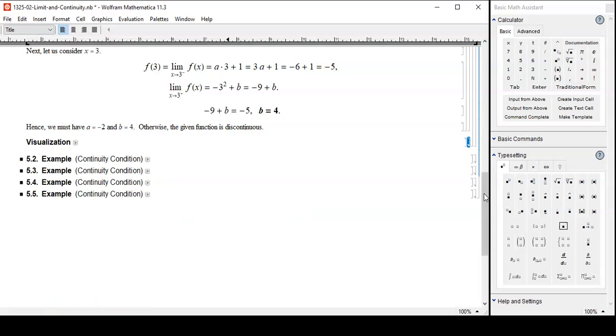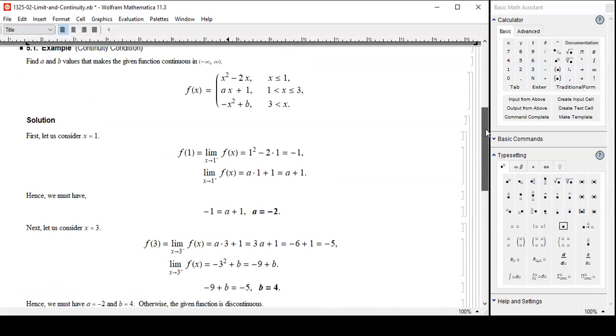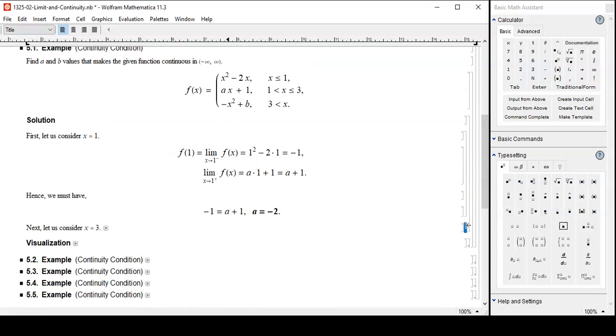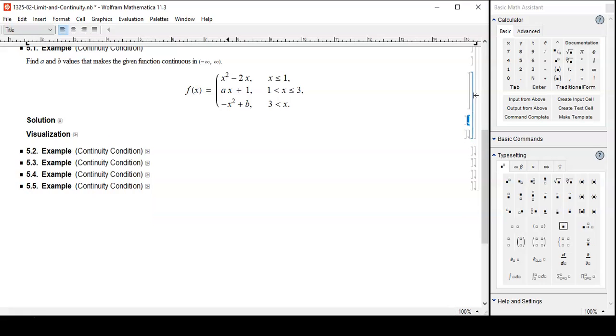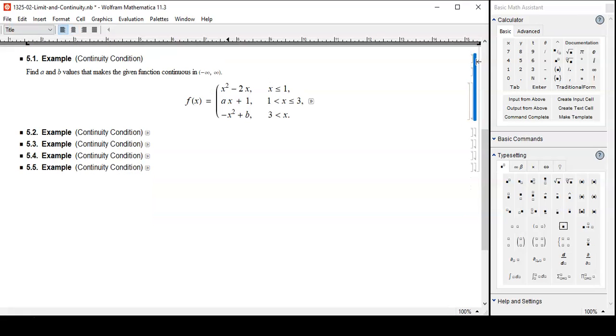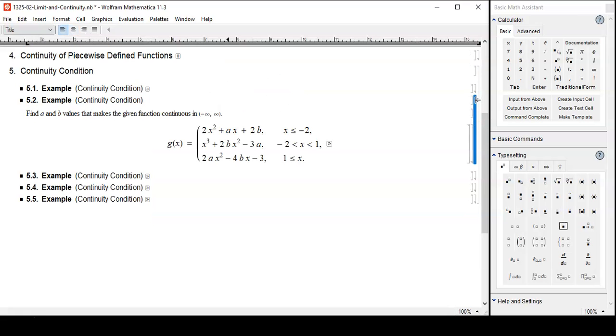But this problem was exceptionally simple. You see, plugging x equals 1 and setting these two equal, we ended up with one parameter value directly, and we were very, very fortunate to get this. Most of the problems are far more complicated. How about this?